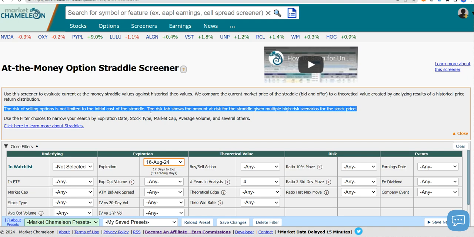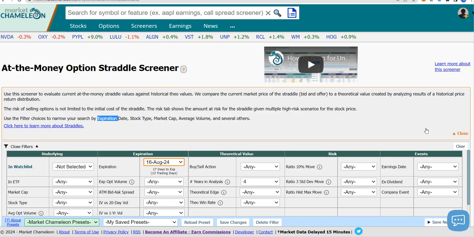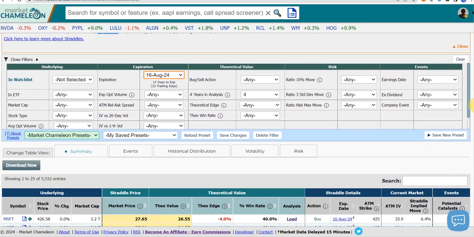We're not doing the sell. This will be a different video. I'm just showing you the buy. Selling a straddle is a whole different strategy, but now we're doing the buy strategy. The risk tab shows the amount at risk of the straddle given multiple high risk scenarios for the stock price. Use filters to narrow your search, which is exactly what we're going to do now.